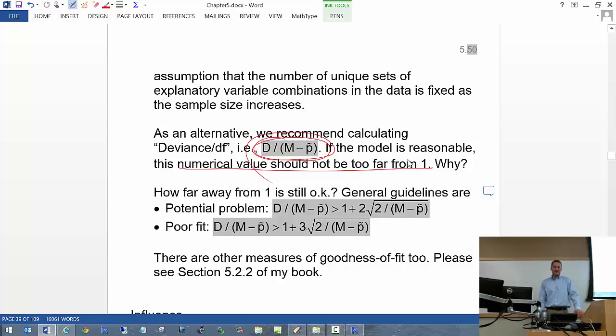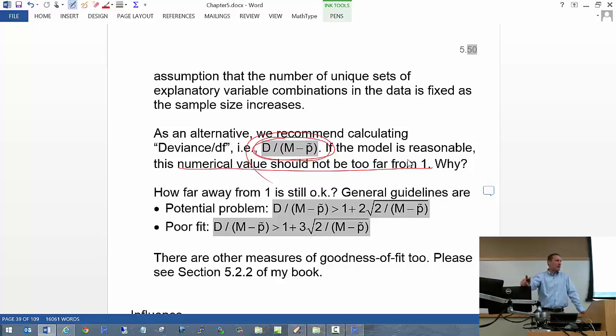Why? Especially stat majors, why? It will be eventually, yes, but we haven't talked about that yet. The expected value of the chi-square should be the df.